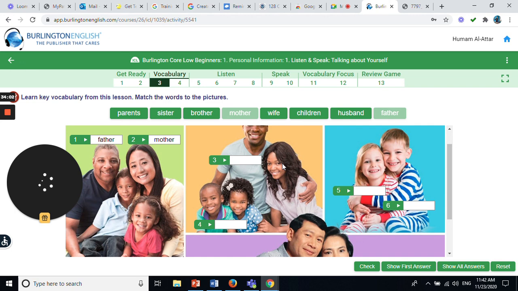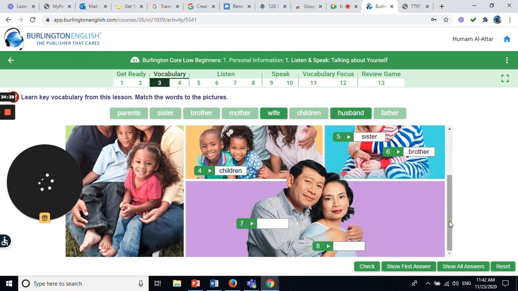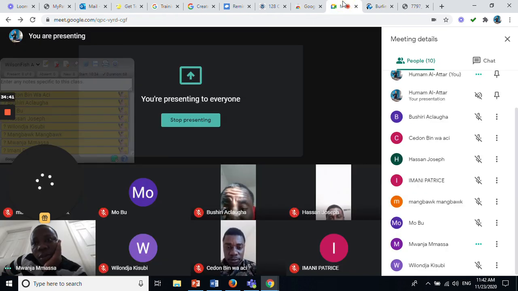Parents. Yes. And these two children? We call them children. Right. And number 5? I see brothers. Okay. A daughter and a brother. Okay. So a sister and brother. Yes. Good. Thank you, Mwanja. Go ahead and mute.